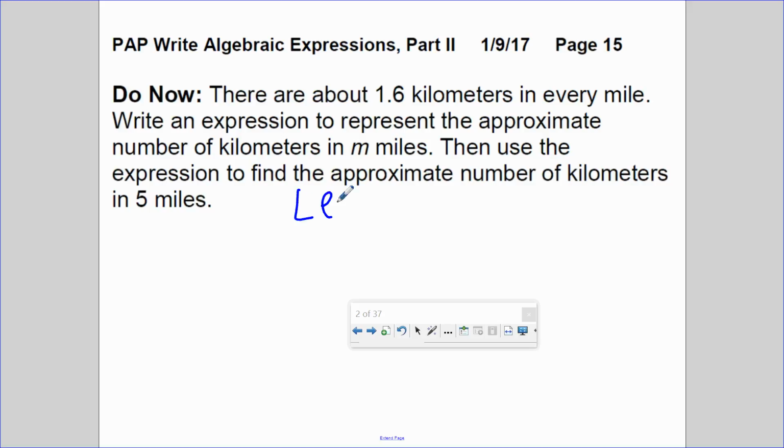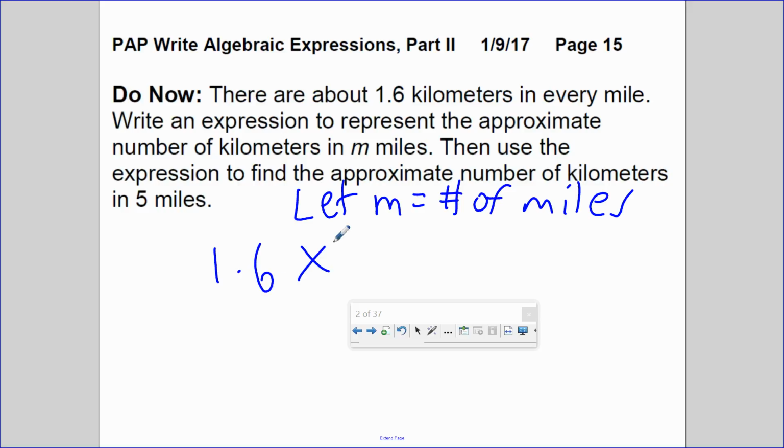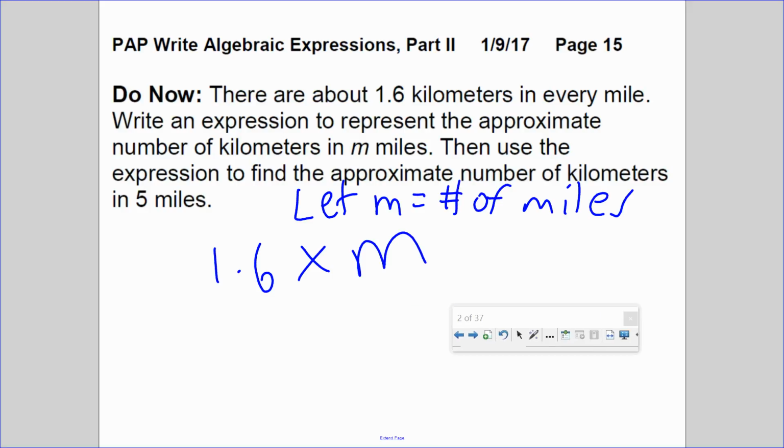No. Let m equal the number of miles. So there's 1.6 kilometers for every mile, 1.6 times the number of miles. So that is our expression: 1 and 6/10 times m, or 1 and 6/10 m.